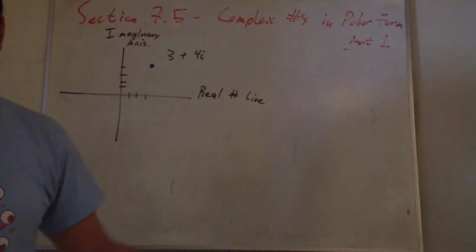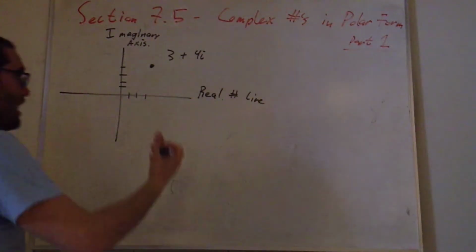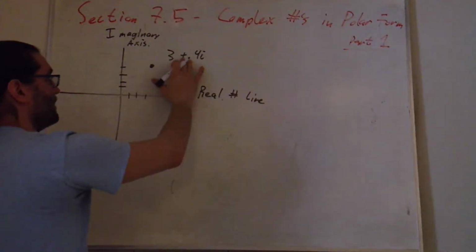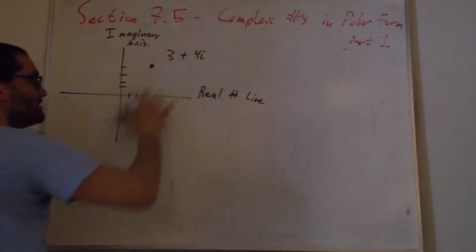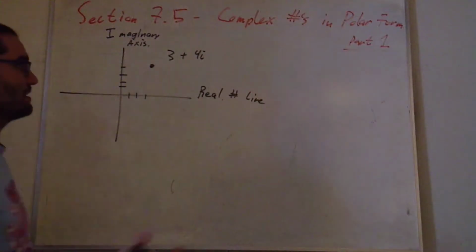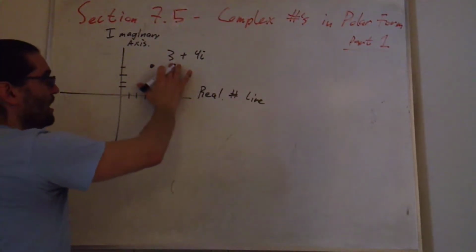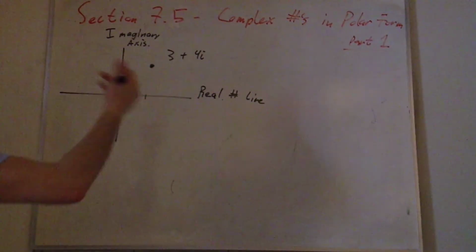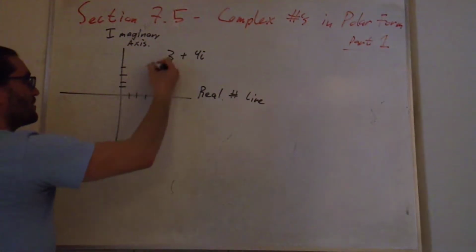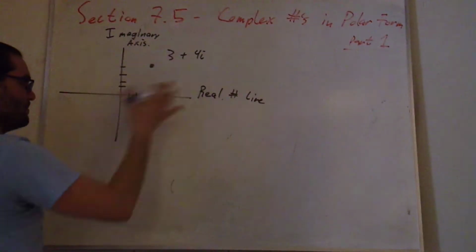We've taken away the parentheses and the comma, and instead we have a plus sign and an i attached to one of these numbers, but functionally we're doing the exact same thing. We're looking at 3 on one axis and 4 on the other axis to give us this point. This is where 3 plus 4i sits on the complex plane.